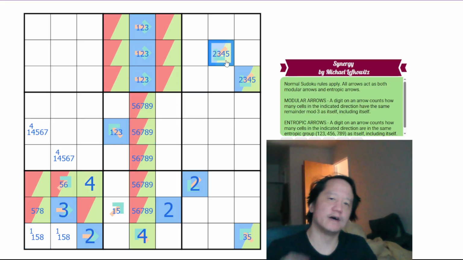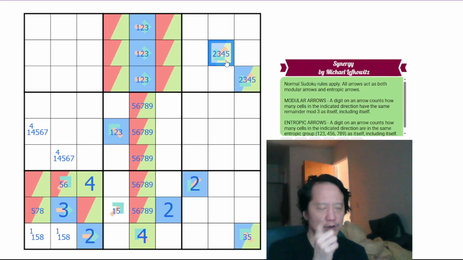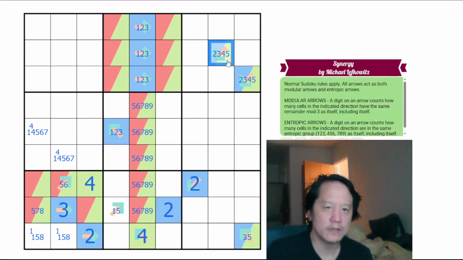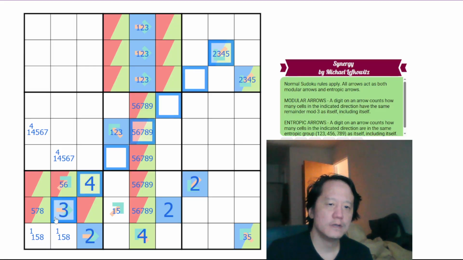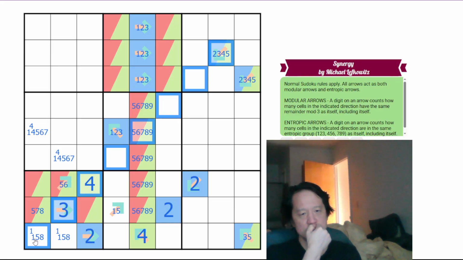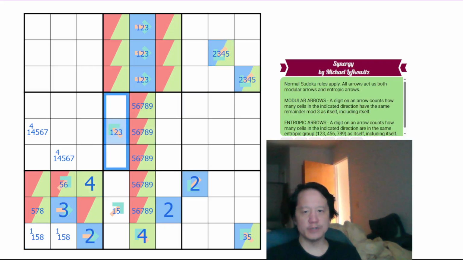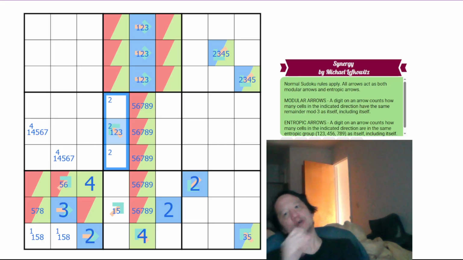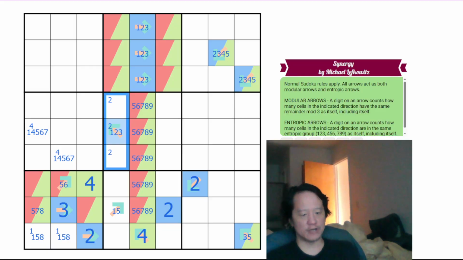Can this be 5? The answer is no. If it's 5, that would mean, well, okay, never mind. It could be. No, it could still be 5. We know 2 has to be one of these 3 digits there. It could be 5 because it could have 2 more 5s.